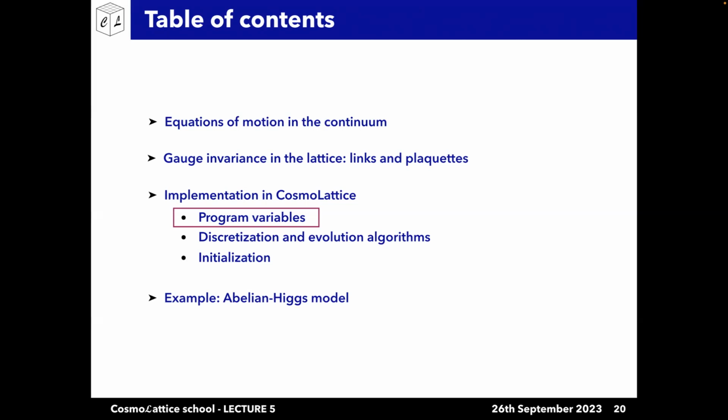Maybe as a remark, even though in CosmoLattice we have only implemented the non-compact formulation for the abelian case, back in the days before we had CosmoLattice, when I was implementing my own codes, I implemented both formulations, and to second order in the lattice spacing, they give pretty much the same.